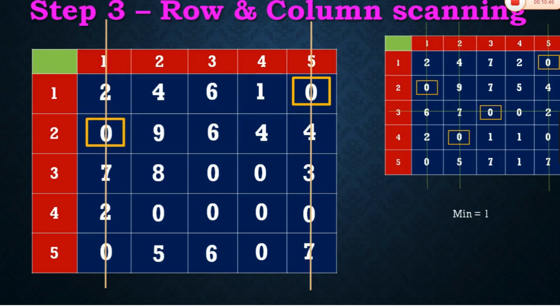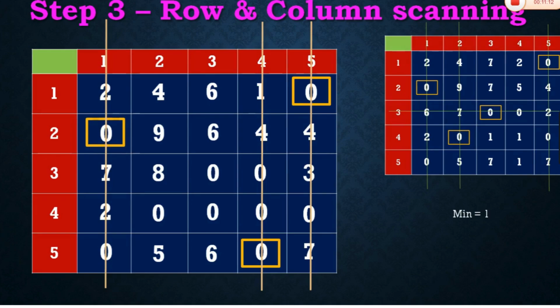In the third row, there are 2 zeros and in the fourth also 3 zeros. So, we have to skip these 2 rows. In the fifth row, exactly 1 zero is there. So, we have to square mark around that 0 and draw a vertical line. Now, row scanning is completed.